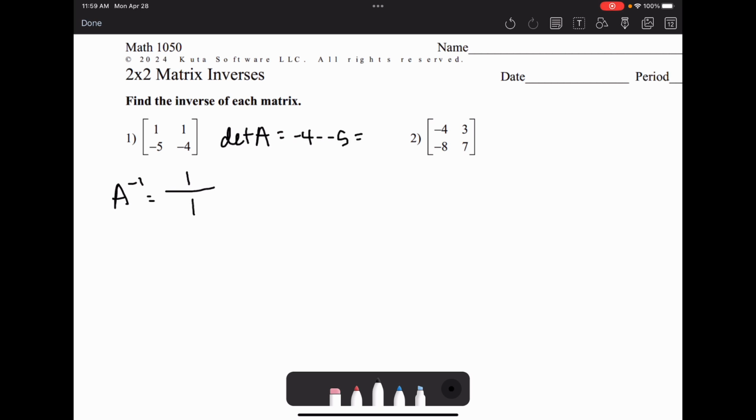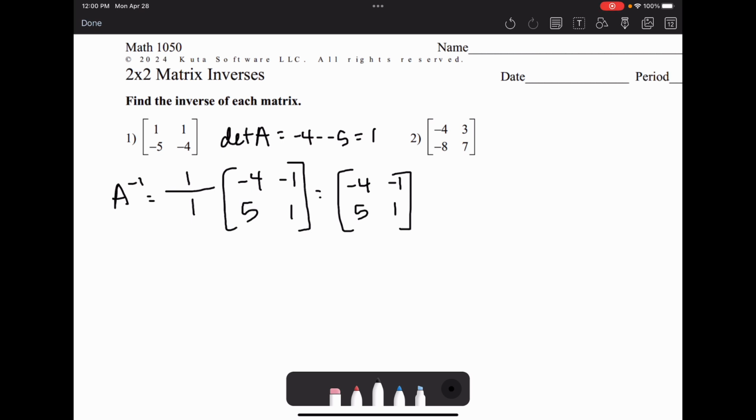So the determinant on the first one is 1, and then this would be negative 4 and 1 switch places, then negative 1 and 5. Those are the signs switched, so that with multiplying the determinant in, it's 1 over the determinant, that's just 1. Not too bad on that one.